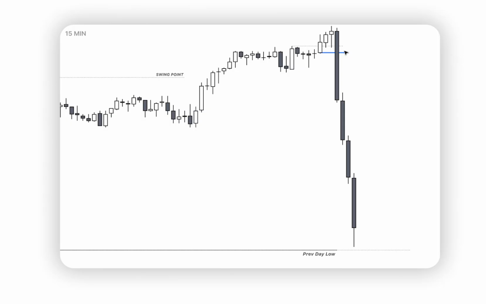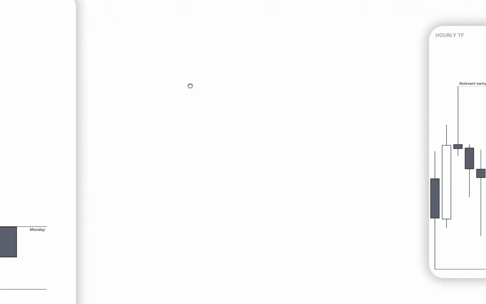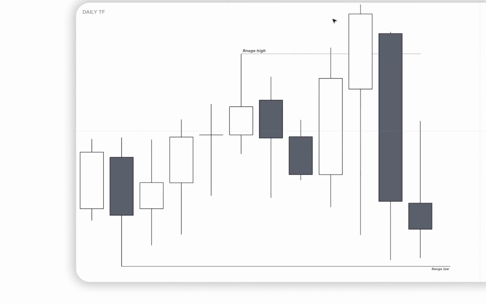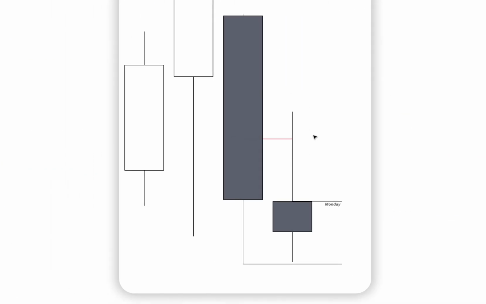So we did that in the 15-minute, in the 1 hour, and on the daily right here. See the daily, we traded above the high, we displaced down. Here we're looking for confirmation for the move down, basically framing the continuation.